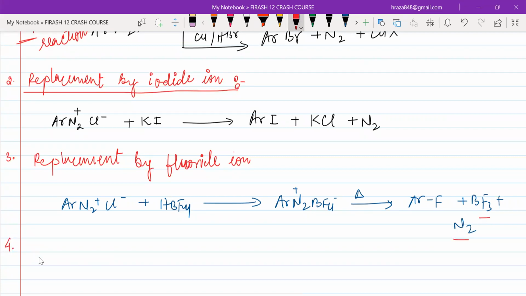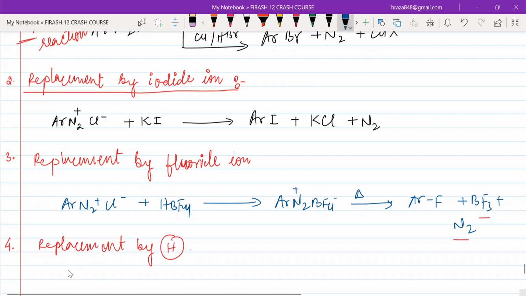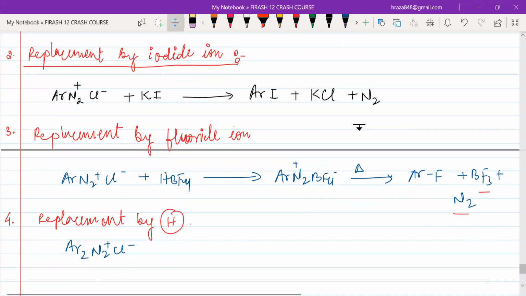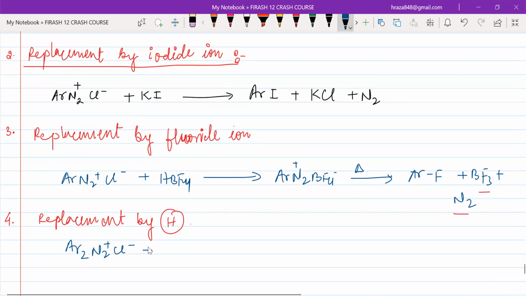And the fourth one is replacement by hydrogen. That means you will get benzene. It's also very easy. If you have Ar N2 plus Cl minus, you need to use a reducing agent like H3PO2 in the presence of water.